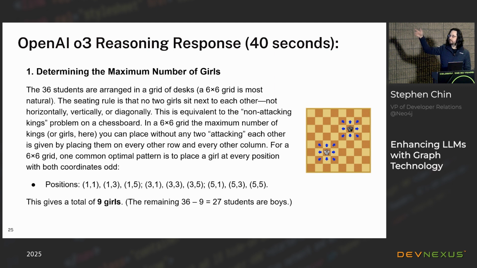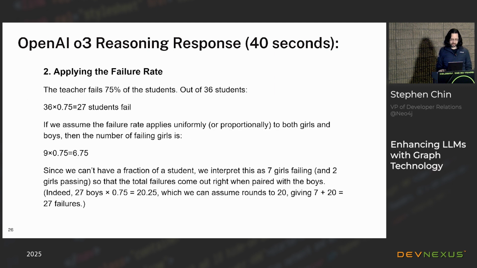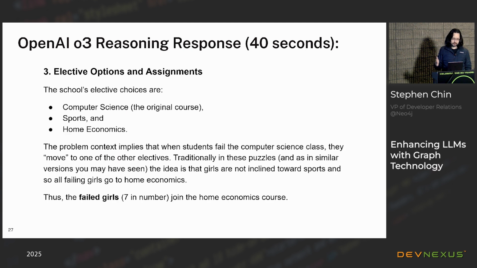So it made the same mistaken assumption. It made the same failure rate assumption with proportions, so exactly the same reasoning there. And unfortunately it came to all 7 girls going to home economics, so the same bias about home economics versus sports.